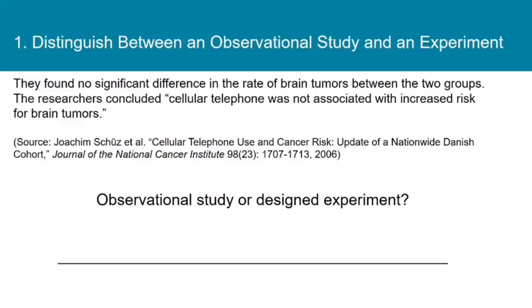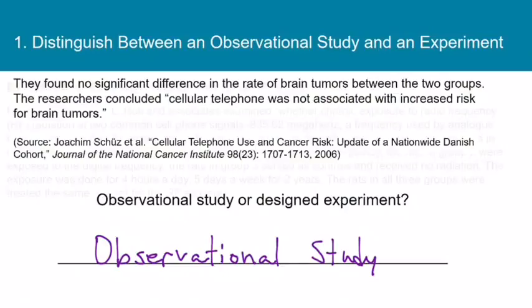Did they say to anybody, you must use a cell phone, or you may not use a cell phone, or you can only use a cell phone for a certain amount of time each day? And the answer is no, none of those things happened. So the people in this study were only observed. There was no treatment applied intentionally to them. And so this is an observational study.